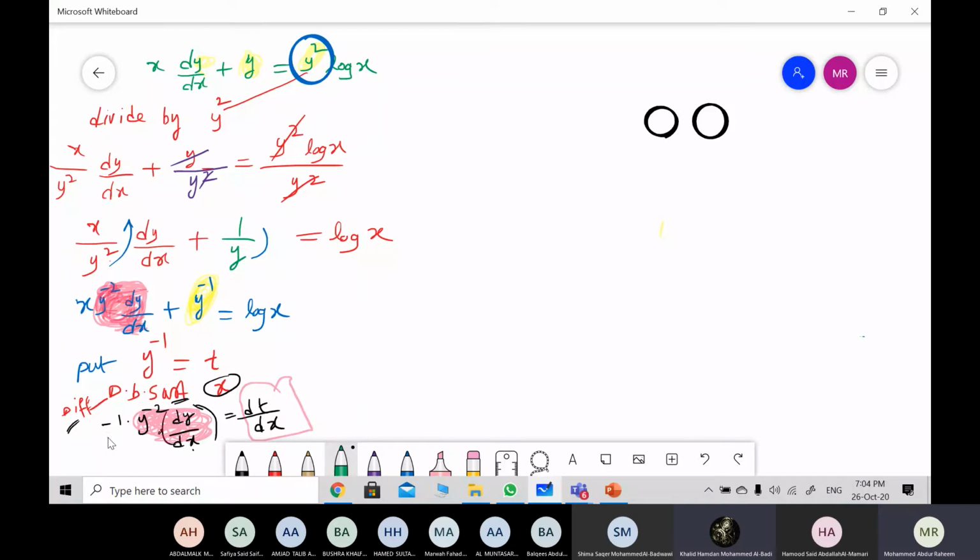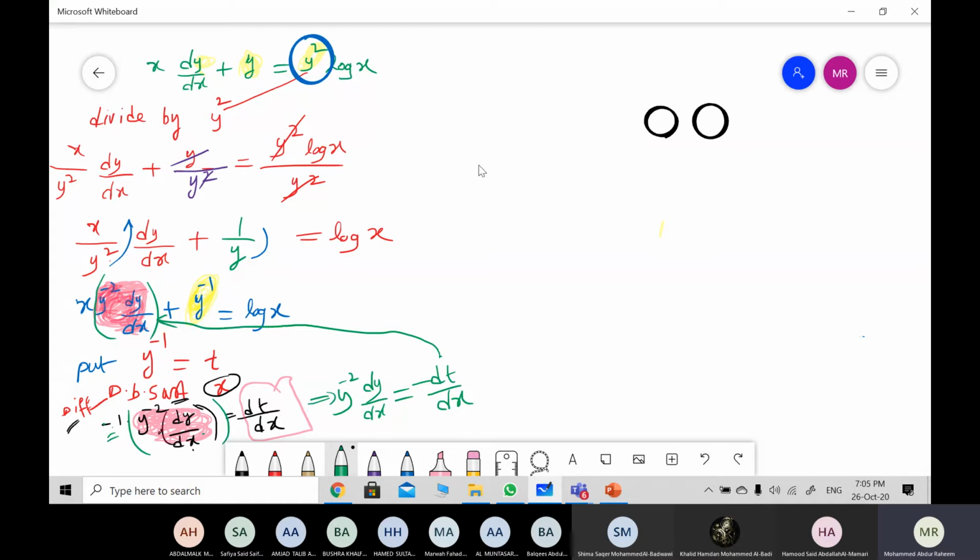But one thing, here minus is there, here no minus. So this minus will come here like this. That implies y to the power minus 2 dy over dx, which we need because it is here. This is nothing but the same here. The minus will go here.